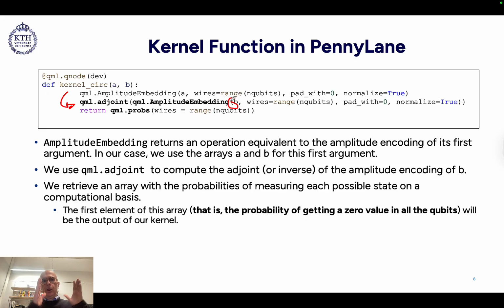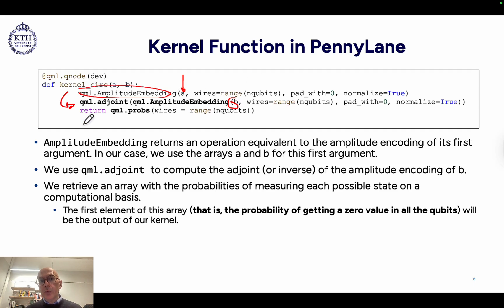So we have the first part of the circuit, that is a simple feature map with amplitude encoding using A as parameter. And the second one is the adjoint operation of the amplitude embedding of B that is acting on the quantum state resulting from this first amplitude embedding.